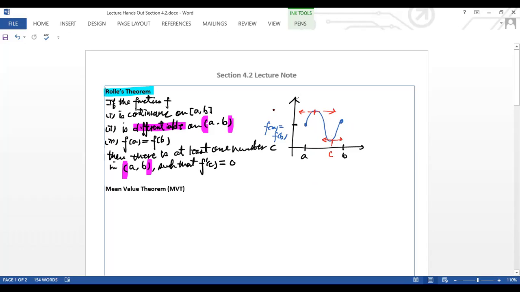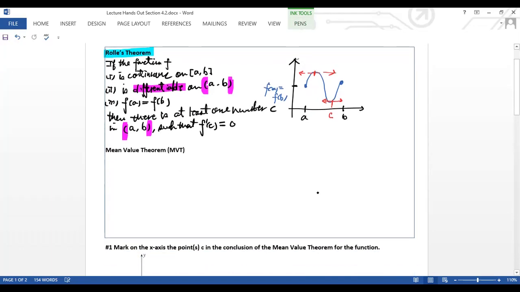Now, what is the Mean Value Theorem? The Mean Value Theorem is a generalization of Rolle's Theorem, or Rolle's Theorem is a special case of the Mean Value Theorem. Before I write down the definition, let's take a look at what it means intuitively from the graph.